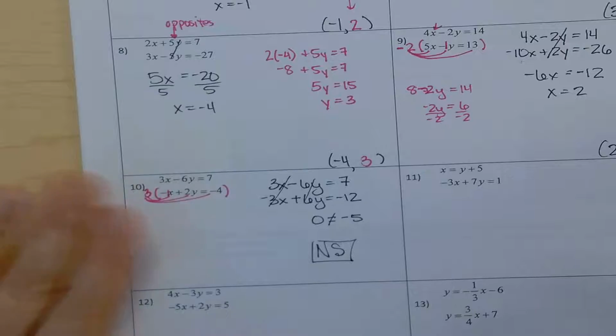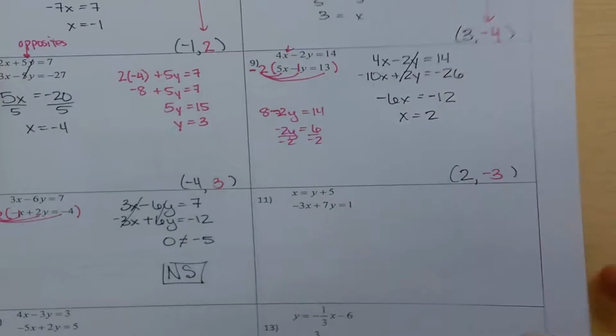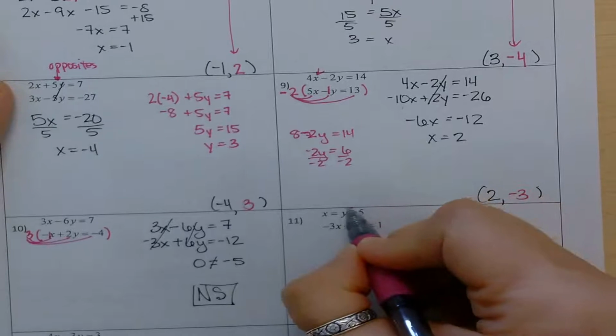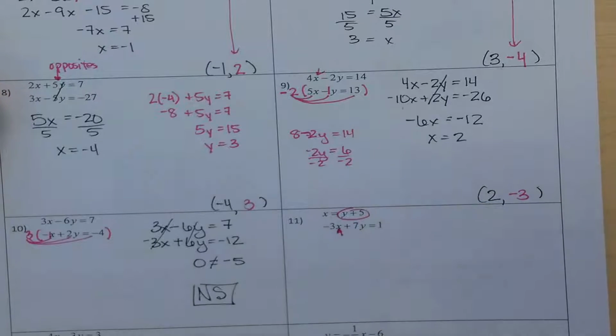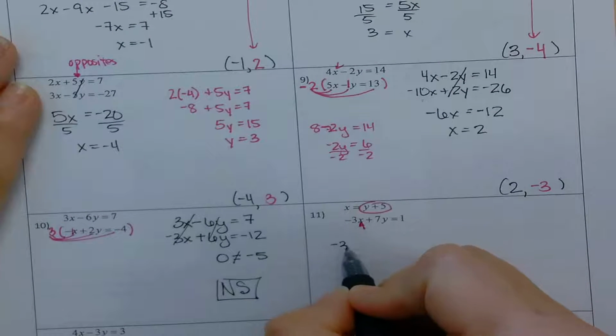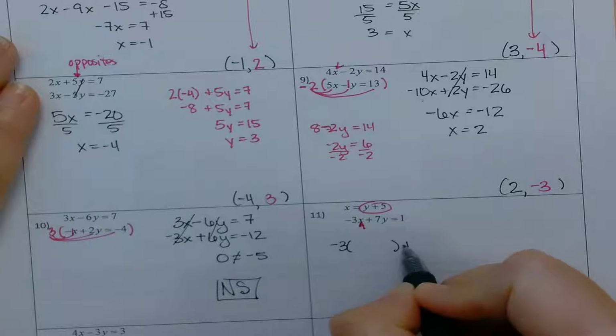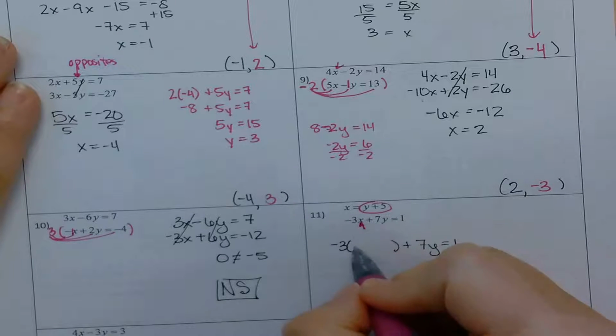They're no solution. Now I'm going back to substitution here. My top equation says x equals, so I can plug it right in here in the bottom equation behind the negative 3 where the x is. So I don't write the x. Instead of the x, I write y plus 5.